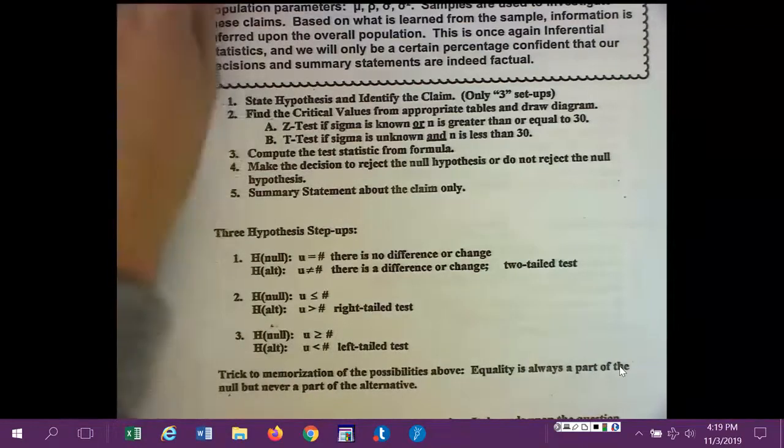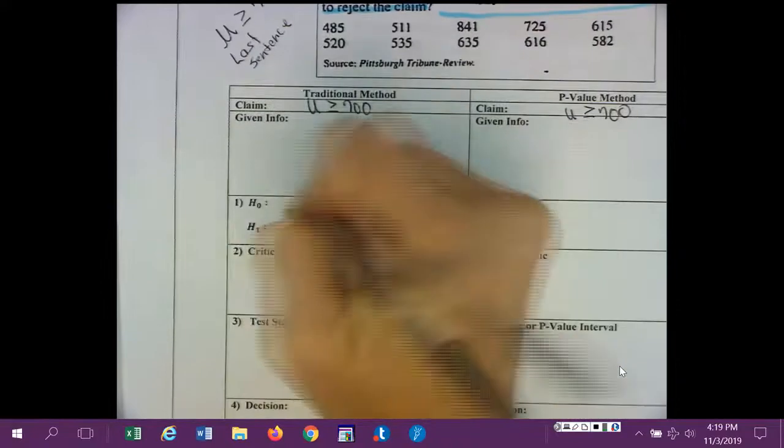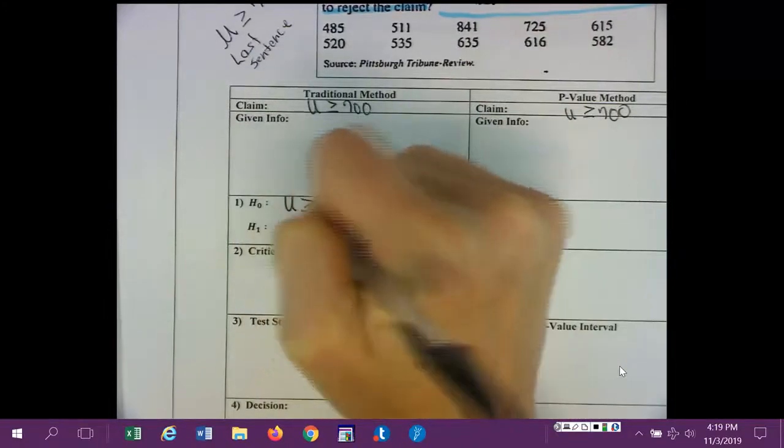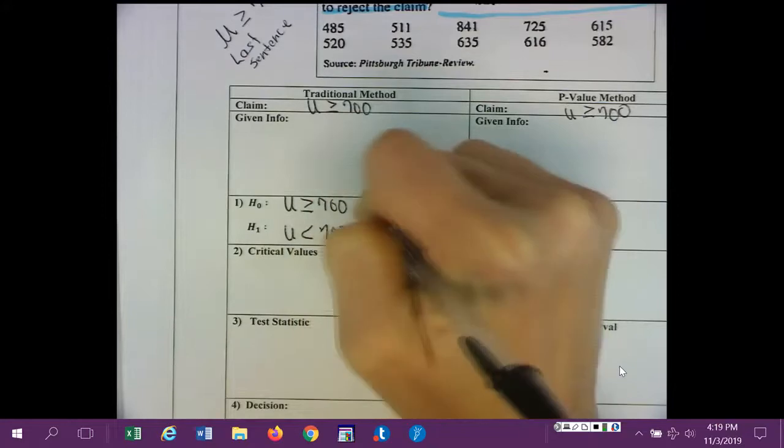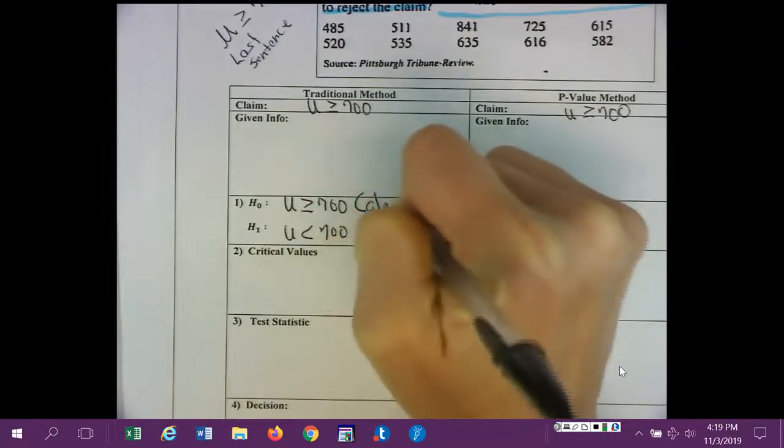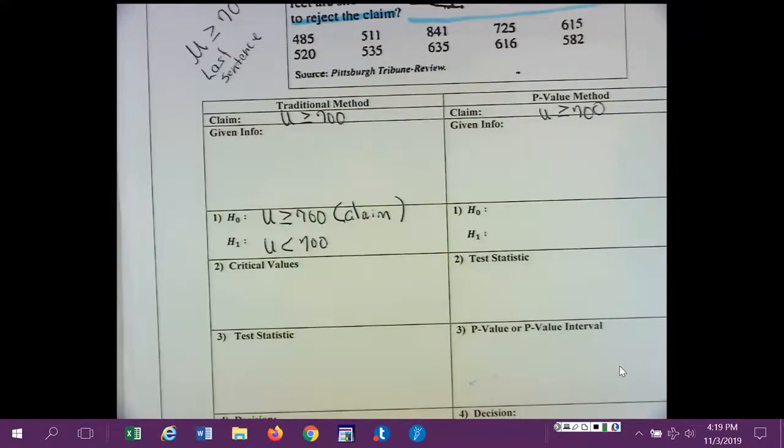Null versus alternative. The null would have to be this, and the alternative would have to be this. You cannot change anything. The claim this time is the null. Yes, the claim can be the null. It can be the alternative, but not both at the very same time.